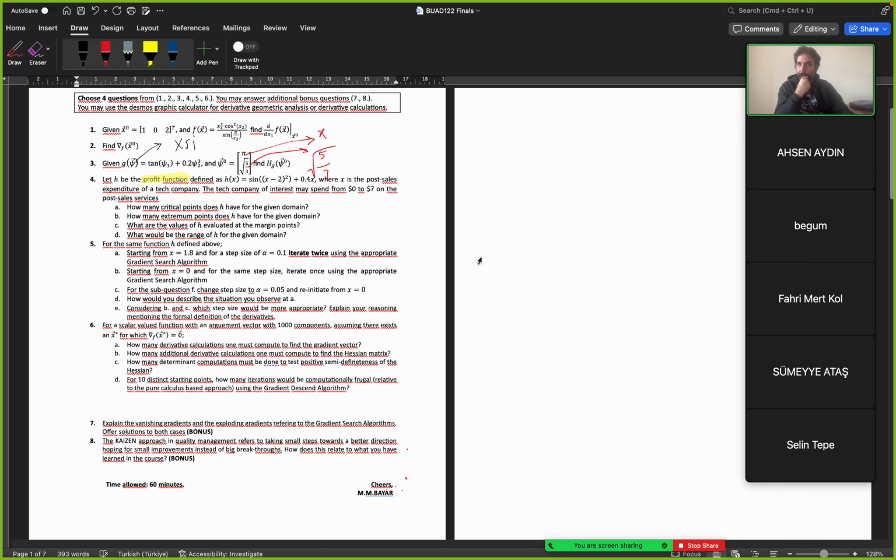5B says, starting from x is equal to 0, using the same step size, iterate once using the appropriate gradient search algorithm. The appropriate gradient search algorithm actually is the gradient ascent algorithm. Then x1 is going to be x0 plus f prime of x0 times the same step size 0.1. Let me plug in the values.